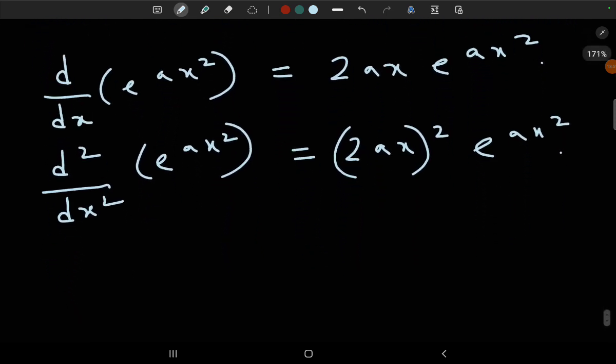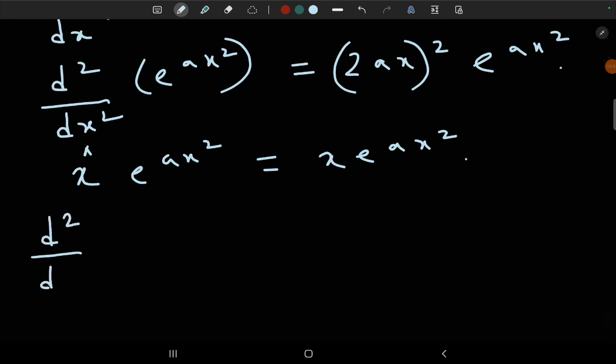Okay, and then we have x e to the power ax², and add up.